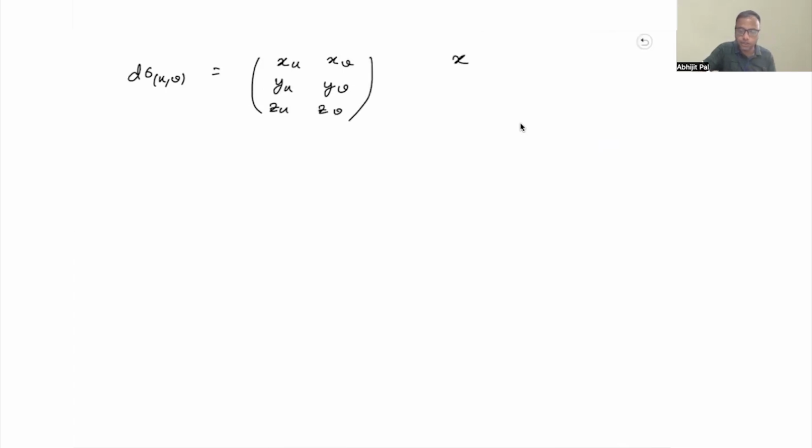Let us take the matrix of Dσ. The matrix will be xu, xv, yu, yv, zu, zv. This is the shorthand notation of partial derivatives: xu means ∂x/∂u, xv means the partial derivative of x with respect to v, and so on.